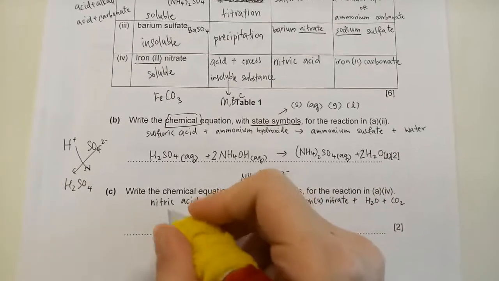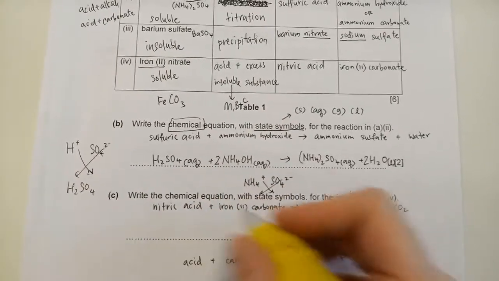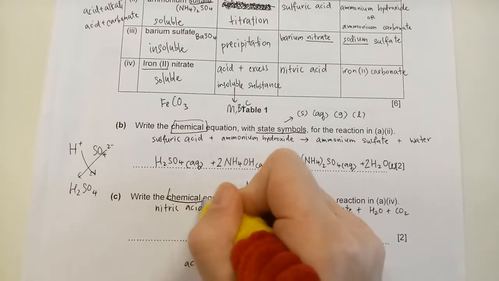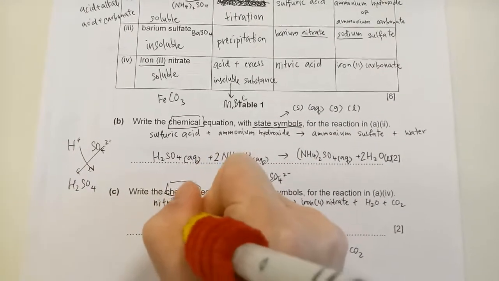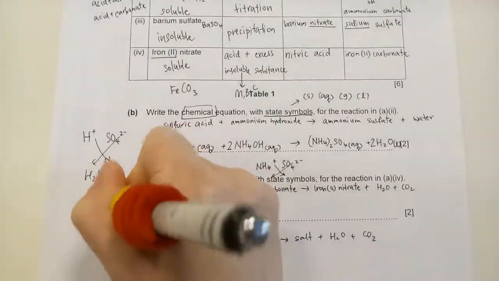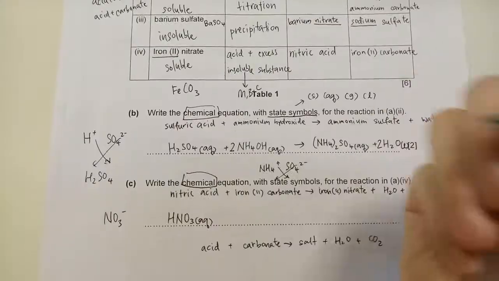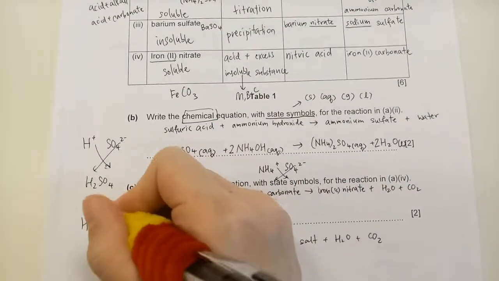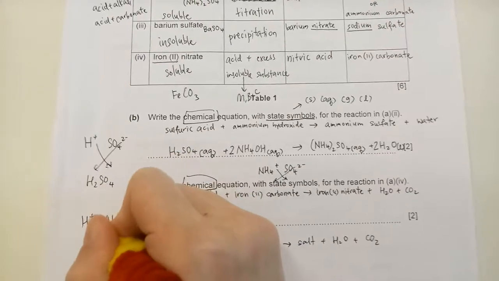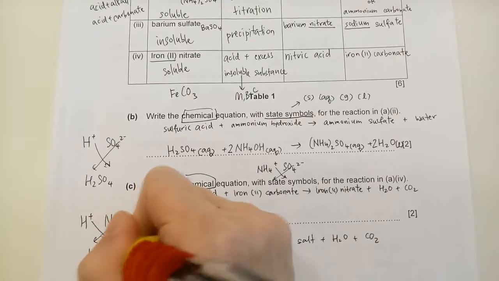Okay, so I just translate this into a chemical equation. Nitric acid is HNO3 because your nitrate ion is NO3 minus. Then my hydrogen ion is plus, so I cross it, I'll get HNO3.